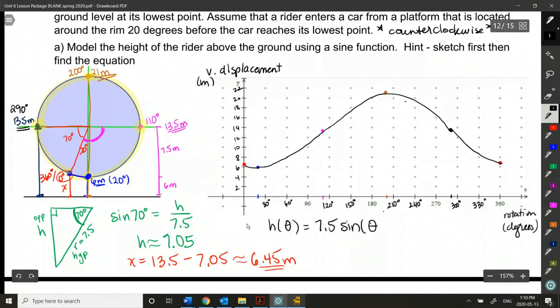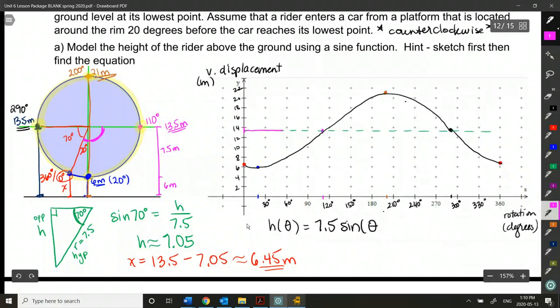And here I have theta. And where is my rising midline? Well, my rising midline, so if my midline is 13.5, that's this right here. I guess I kind of just told you the C value there. But this will always be, whatever this displacement is, that will be your midline. So that's actually your C value.